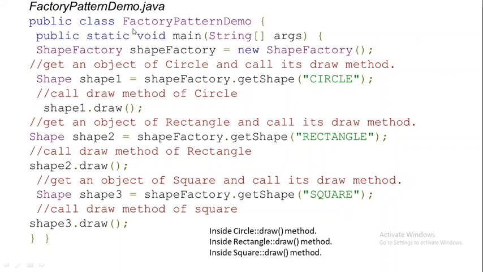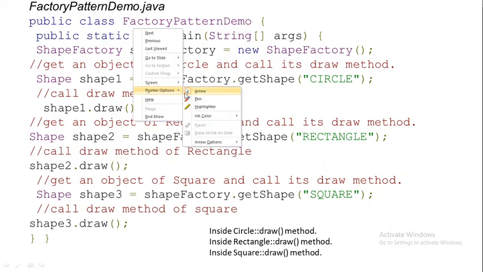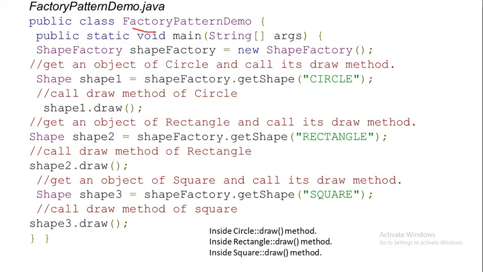Now you see the FactoryPatternDemo. In this FactoryPatternDemo class, you see the main function, passing the arguments. You see, ShapeFactory reference variable equal to new ShapeFactory. Now we have created a reference variable of type ShapeFactory, and memory is allocated for ShapeFactory. Next, shape1 object equal to shapeFactory.getShape of circle.